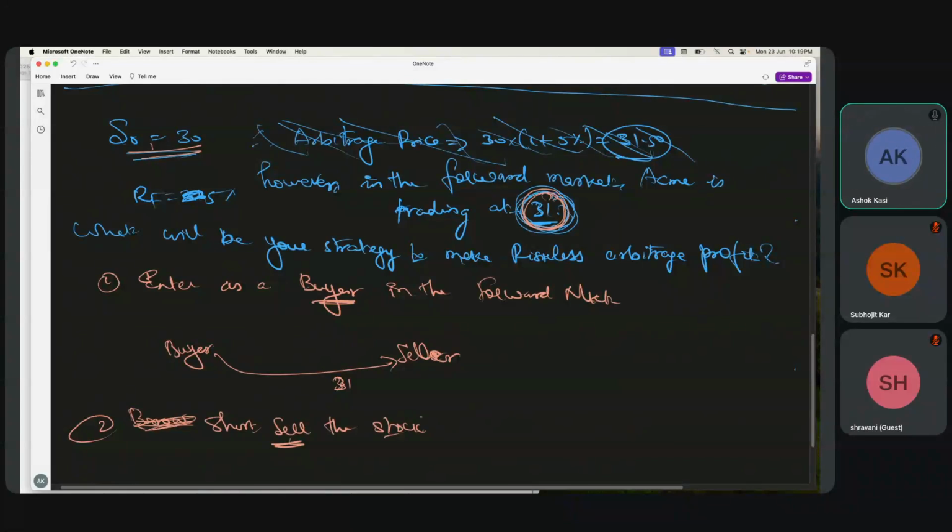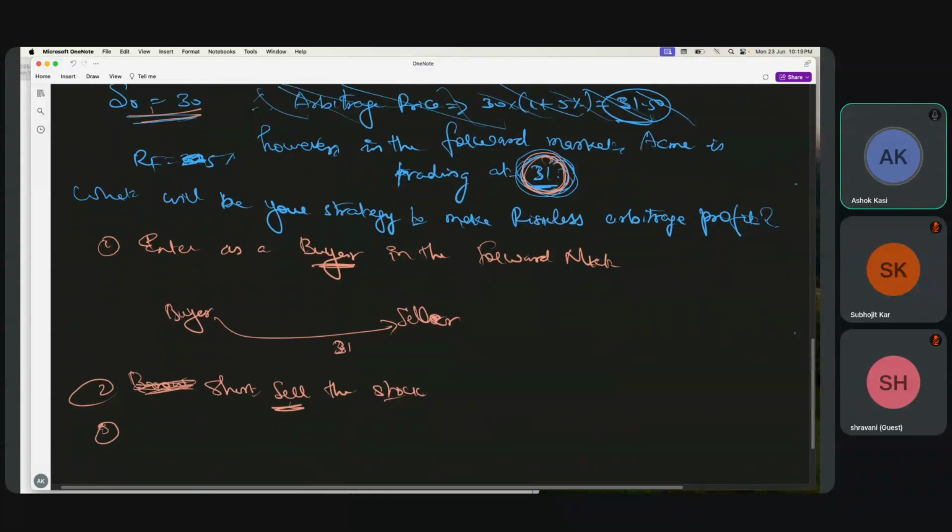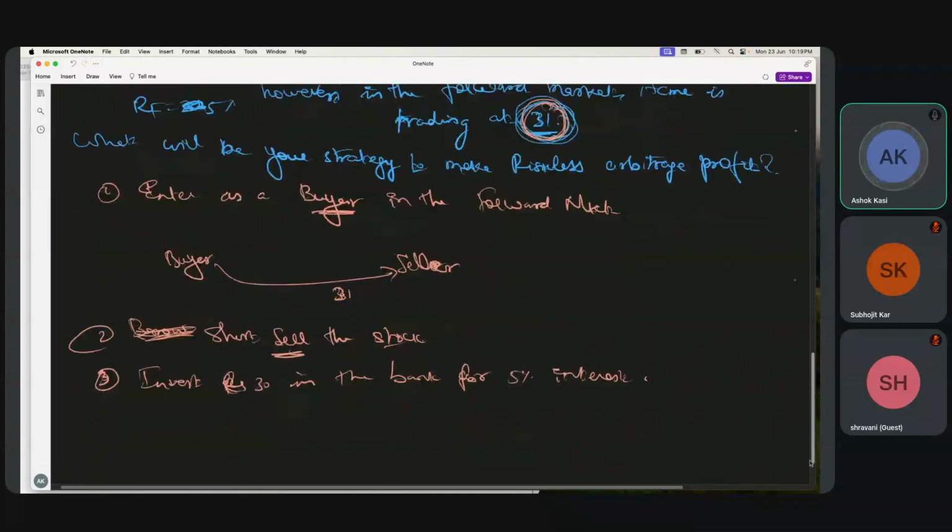So when you sell the stock, you will get 30. Now once you get 30 in your hand, invest or deposit rupees 30 in the bank for 5% interest. So after 1 year, you will get 31.5.